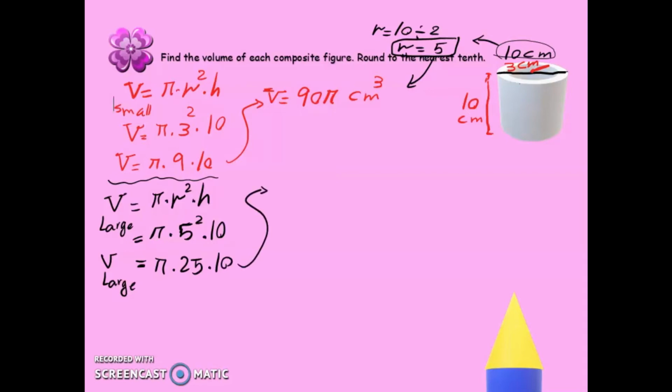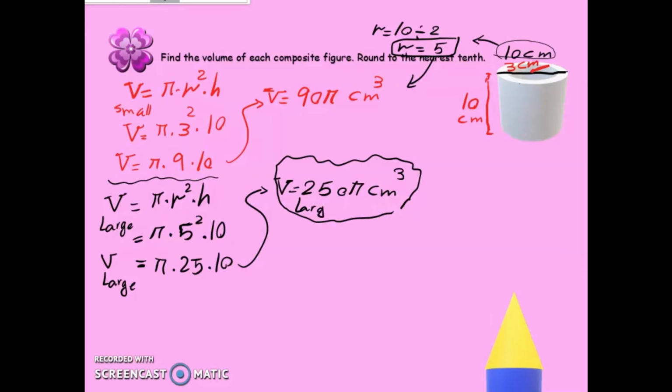If I continue and calculate 10 times 25, it's 250 times pi, so I have 250 pi centimeter cubed, which is the volume of the large one. And the volume of the small cylinder we found already.